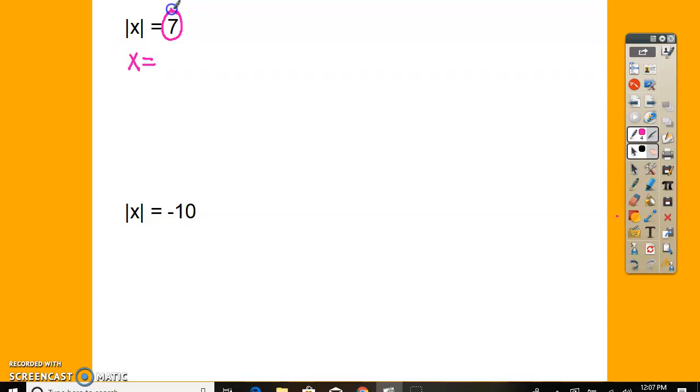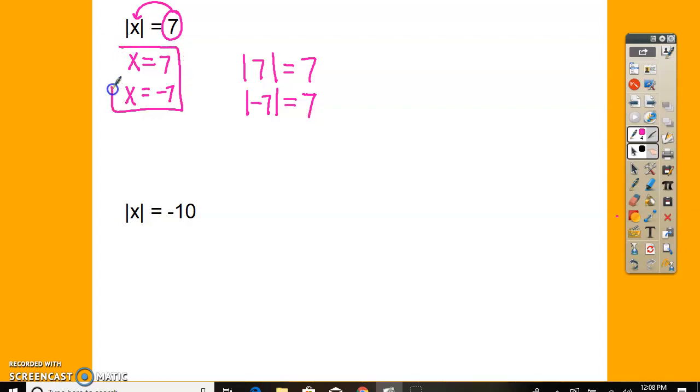This x inside of here could have been a +7 because the absolute value of +7 is still 7. Or x could have also been a -7 because, again, the absolute value of -7 is still 7 units away from 0. So you have 2 possible answers here. Either x could equal 7 or -7.